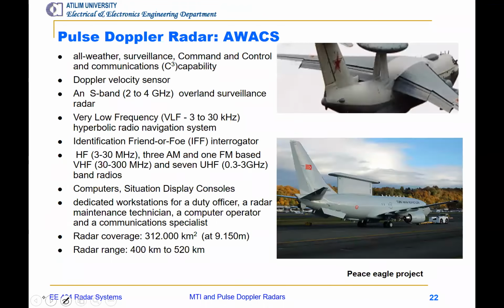And here we see AVAX. It's a system, a platform which is used for surveillance and command control communication, 3C capability. We have currently, you know, Barış Kartal, which is quite popular and available in literature, as you know.